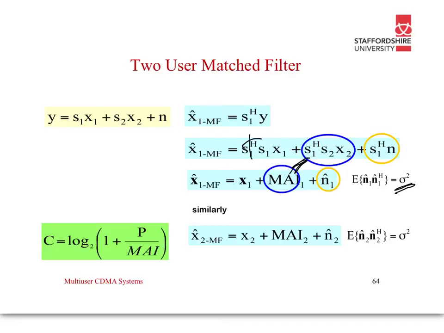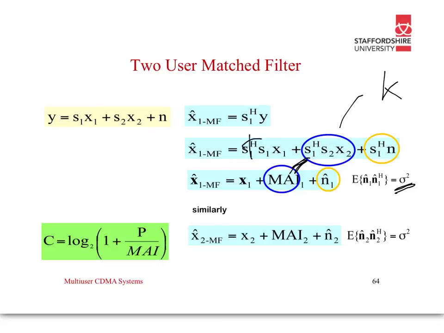So we have X1 now. The matched filter response at the output, X1 hat, is X1 plus the multiple access interference from the second user and any subsequent users, so that could be K users, plus the noise. Similarly, at the second matched filter, we have the output X2 plus the multiple access interference, which is essentially the interference from user 1 in this case, plus noise 2.